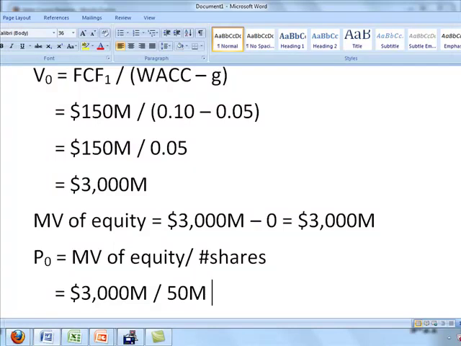And so when you divide, the millions actually cancel out here, which is why I kept it in that format. So you end up with just $3,000 divided by 50. So that is $60 per share. $60 per share is the price of this stock. Alright, so that's a good example of how to apply this particular method.